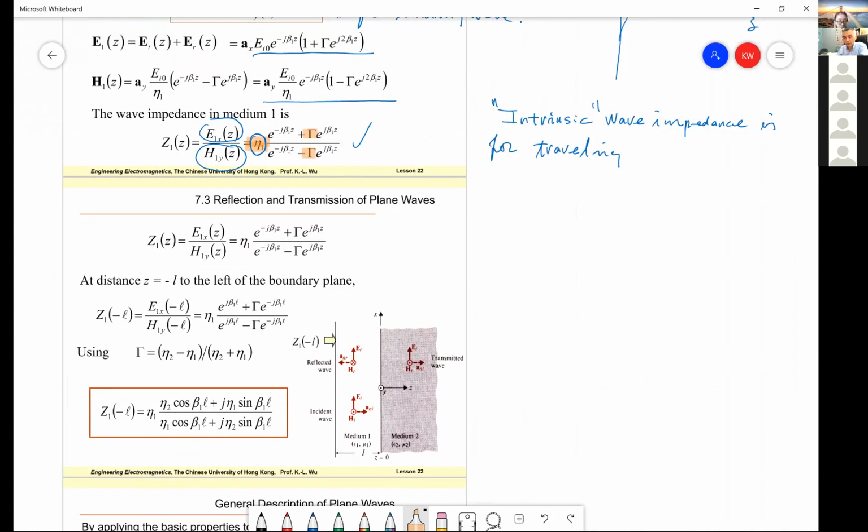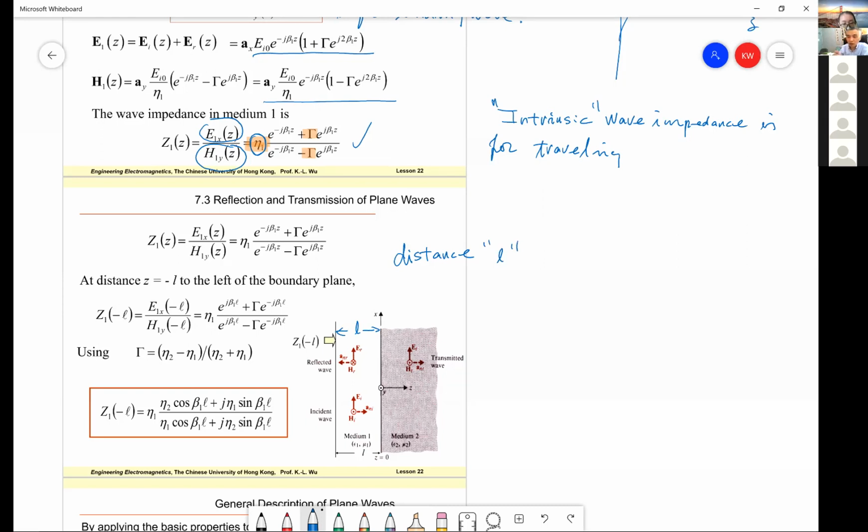So we simplify this in a general way, if we talk about the wave without referring to a specific coordinate. I don't like to say z, sometimes x or sometimes y. Let's talk about distance. So let's say I observe the wave at distance L from the interface.